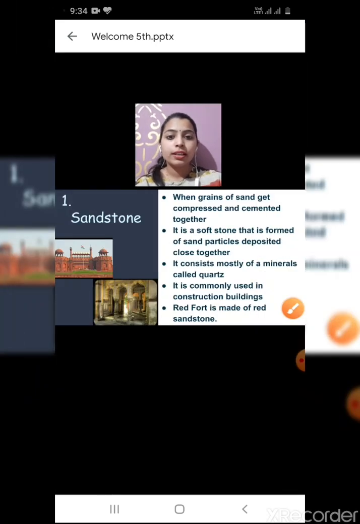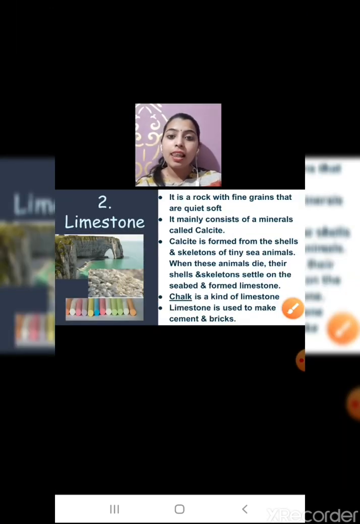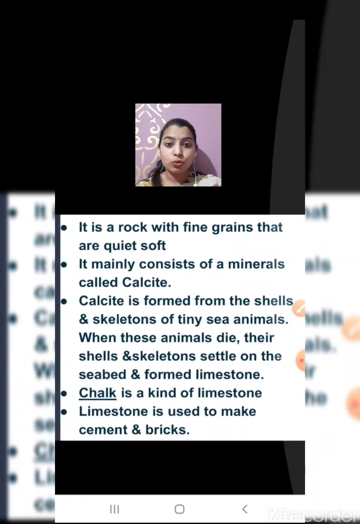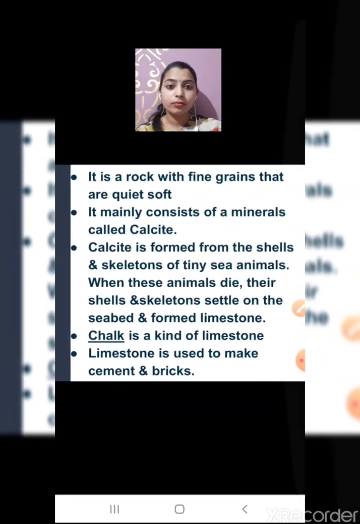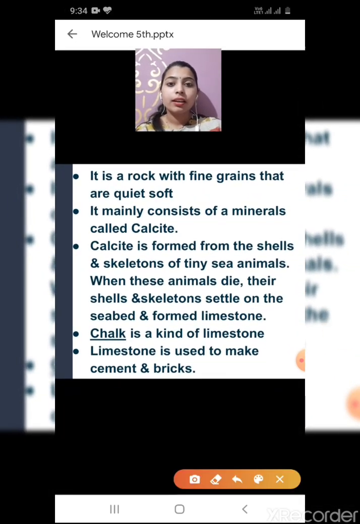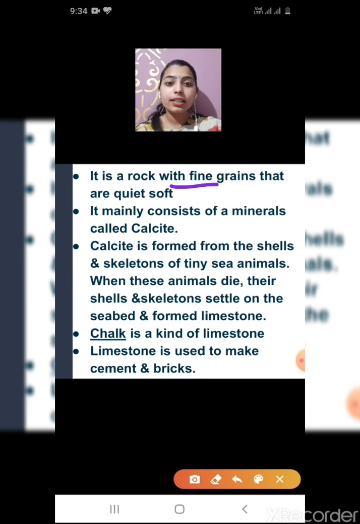Now the next type is limestone. What? Limestone. It is a rock with fine grains that are quite soft. Okay.